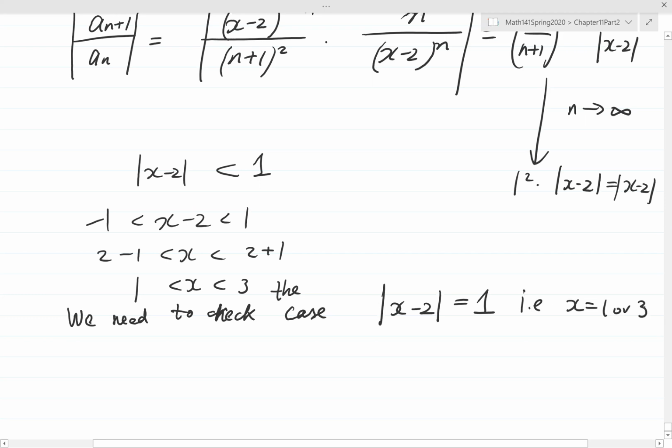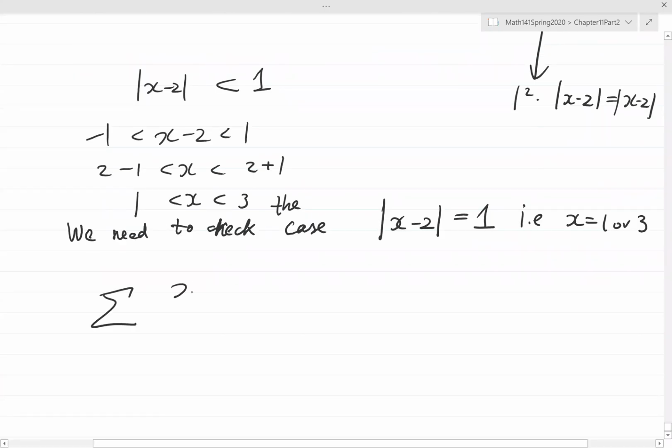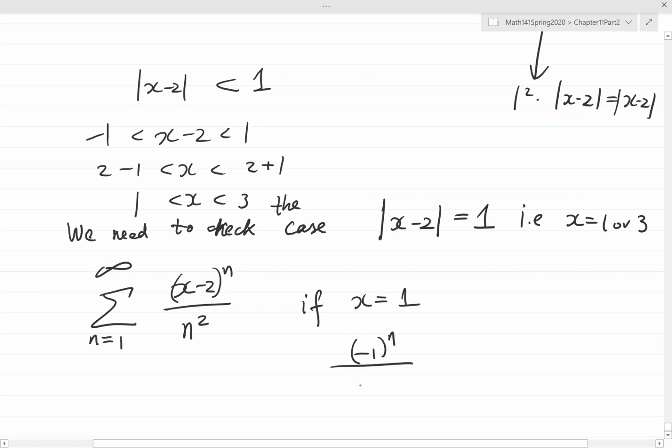So we plug x equals 1 or 3 into the given power series, x minus 2 to the power n over n squared. If x is 1, we get negative 1 to the power n over n squared, n from 1 to infinity.